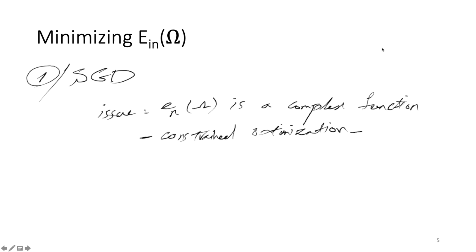I mentioned the issue with SGD is En is a complex function because it represents a distribution and it involves a complex formula.